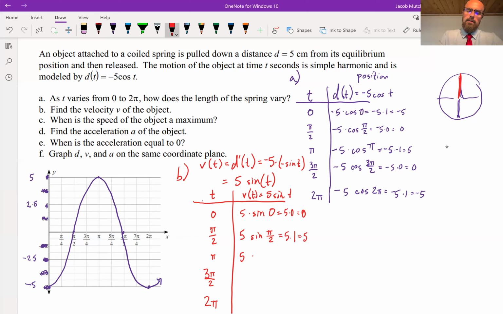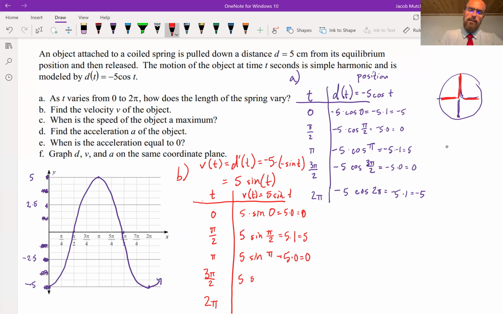At pi, sine of pi is back to 0, because that has horizontal component 0. So again, you can start to see this pattern forming. We're oscillating, just with a different starting place. From 0 to 5 to 0, see if you can predict the next value.